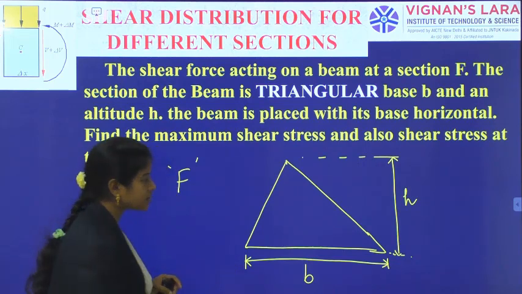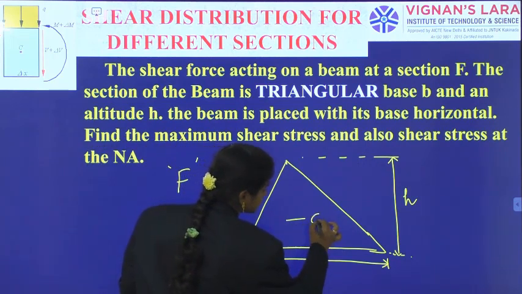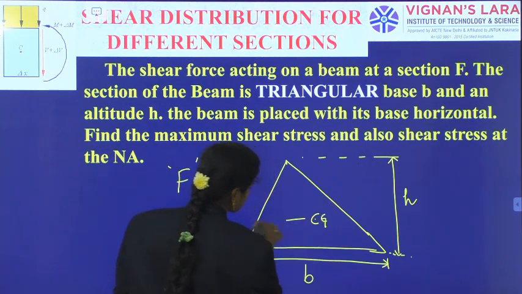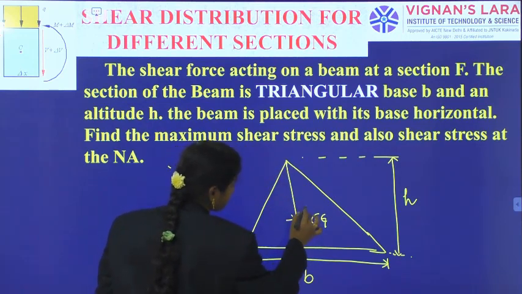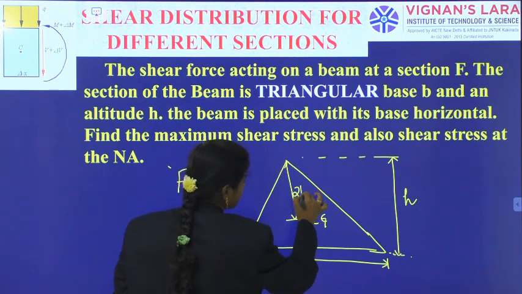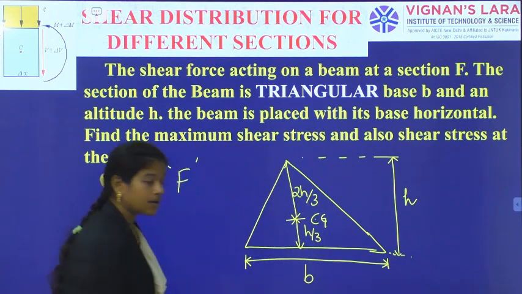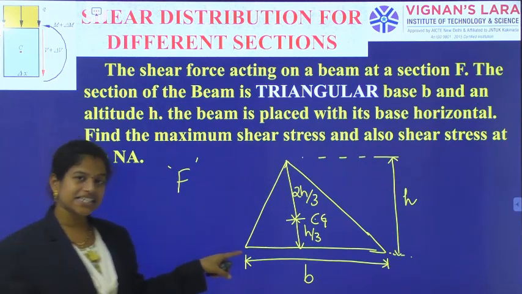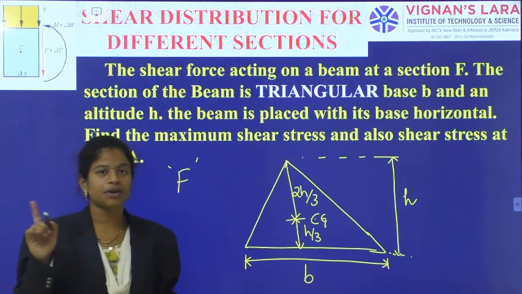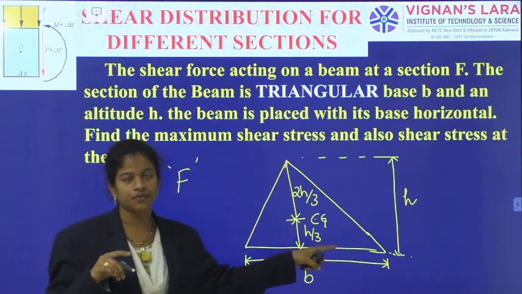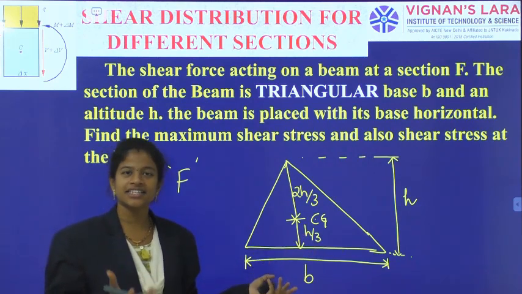You can remember that, right? So that CG is at 2h by 3 from the top, h by 3 from the bottom. As this CG indicates the neutral axis line, because the neutral axis passes through the center of gravity, the neutral axis line is located.